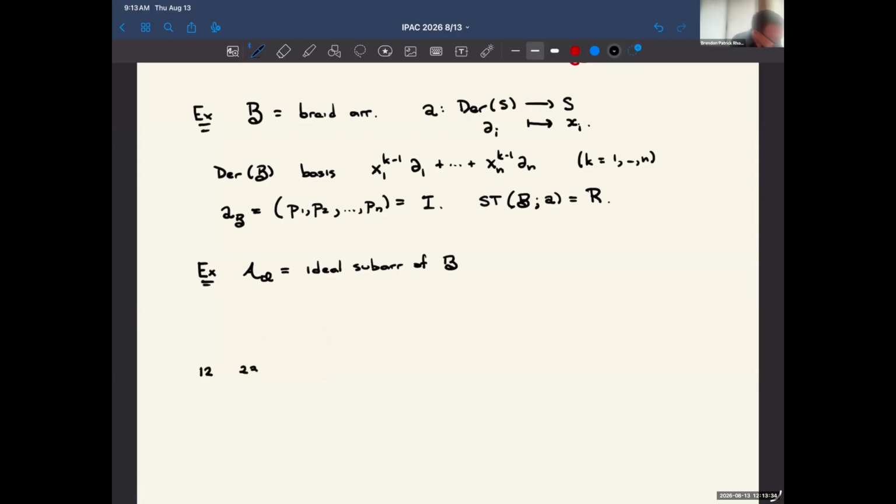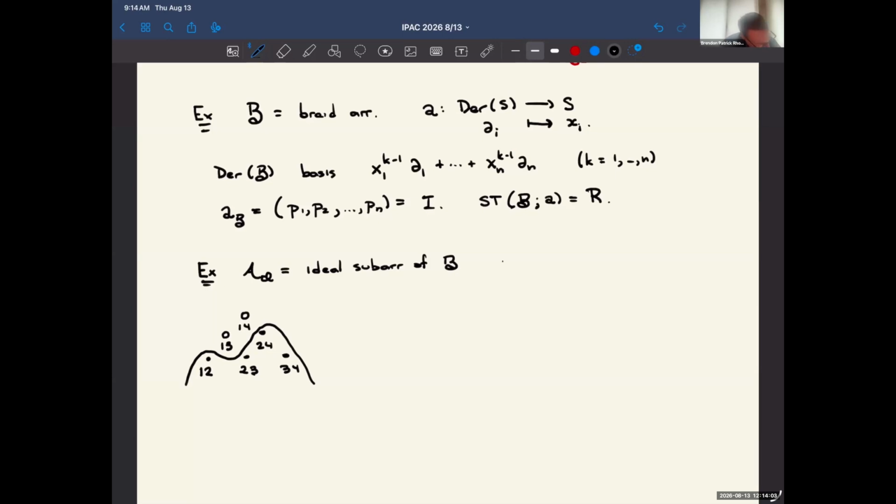I have my braid hyperplanes like this. And I'm going to look at an ideal in this positive root poset, and I am just going to throw out those hyperplanes that are not in my ideal. So it's a down-closed set of the positive root poset.